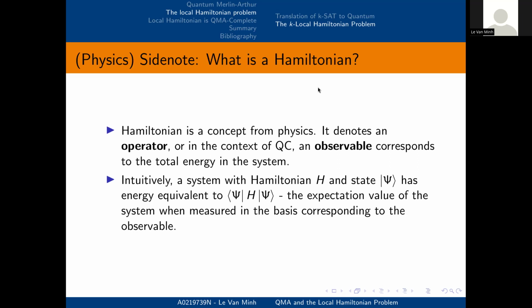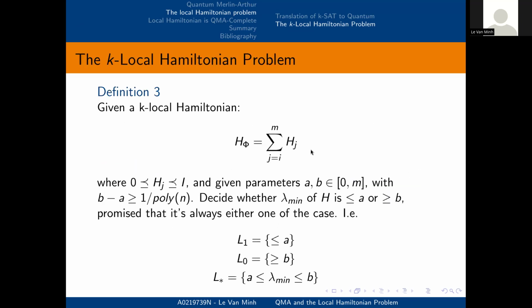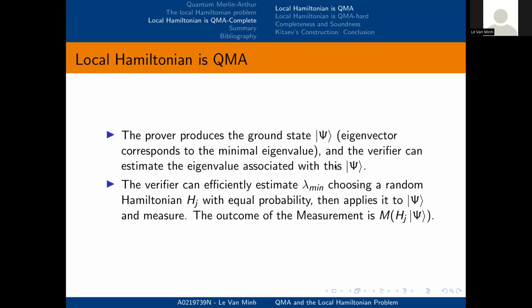In physics, there exists a state called the ground state, psi min, that when you measure it, you get the lowest possible expected value. That's equivalent to our case: we're trying to look for a witness state that is a ground state, so that we can measure out the minimal eigenvalue of the Hamiltonian.